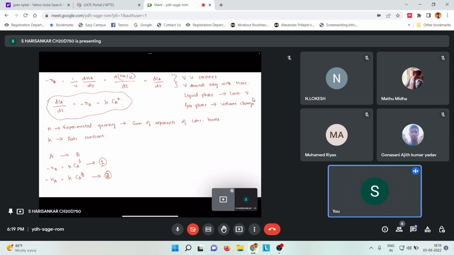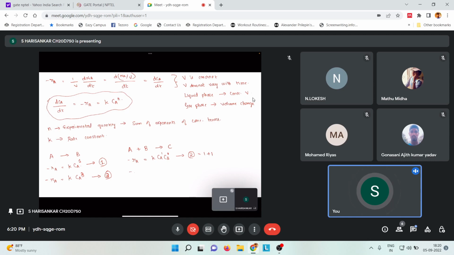Now, another case, a simple reaction A plus B gives C. If the rate of the reaction is defined as Ra is equal to k Ca Cb, here the order will be 2, because Ca is raised to 1 and Cb is raised to 1, and we just saw the order is the sum of the exponents of the concentration terms. So that is 1 plus 1, which gives you 2.